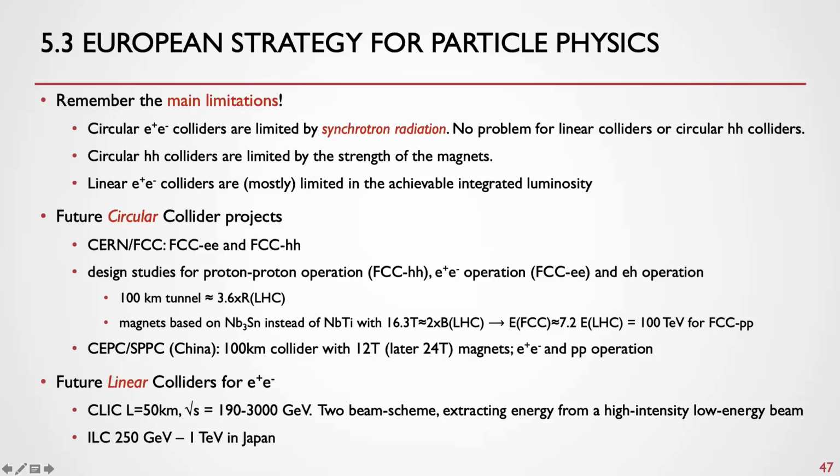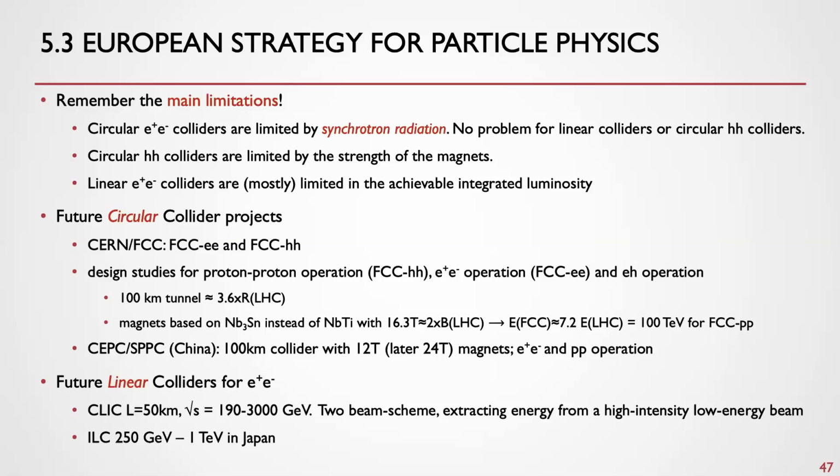So this factor of 2 from the magnets and the 3.6 from the radius give us a factor of 7.2 times what we had at the LHC, which is 14 TeV. So roughly 100 tera electron volts, which is a huge jump in proton-proton operations in terms of energy.